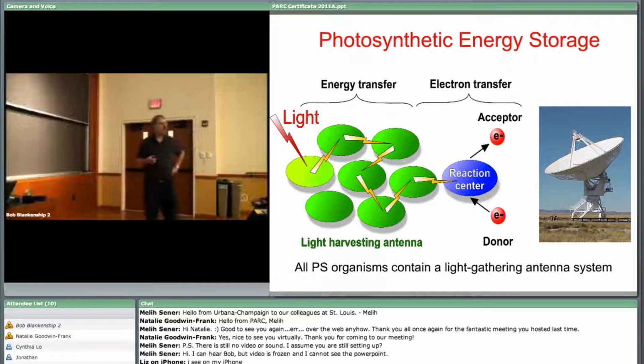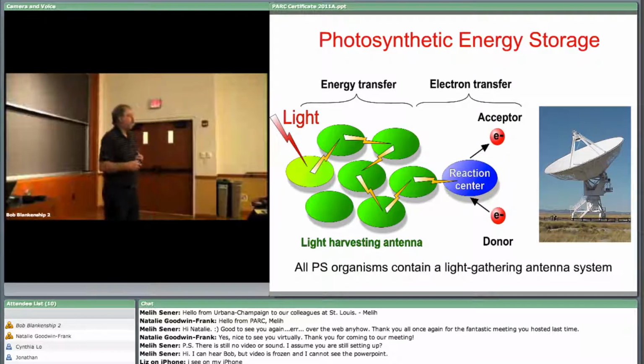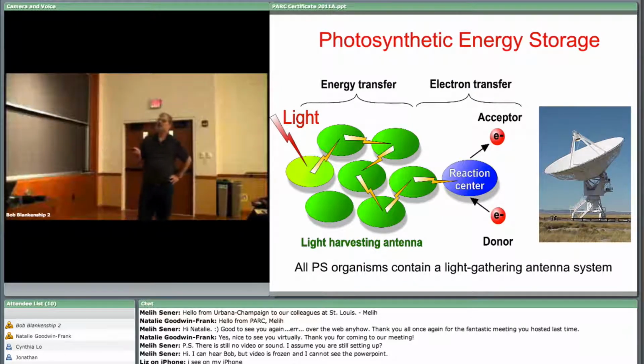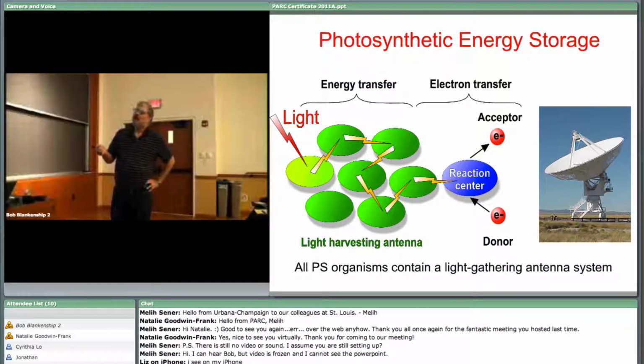So how does this process work? Light needs to be absorbed. It's a solar energy or light capture process. What happens is the light is absorbed by a pigment, represented by these green circles here.